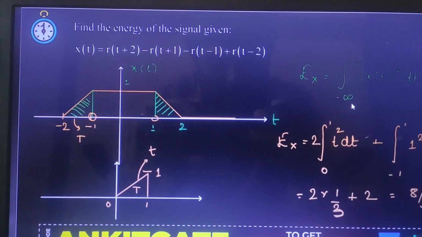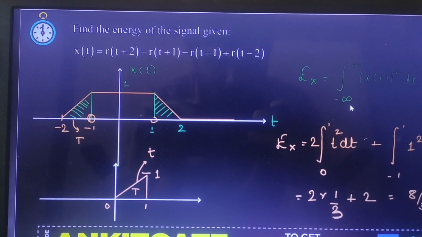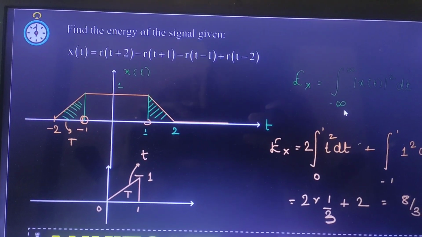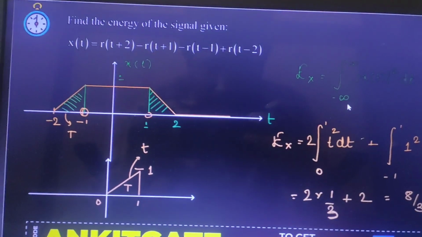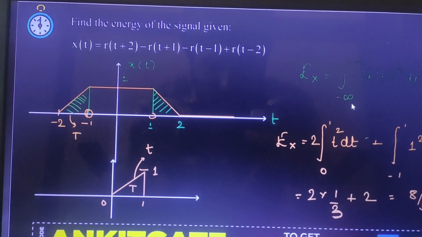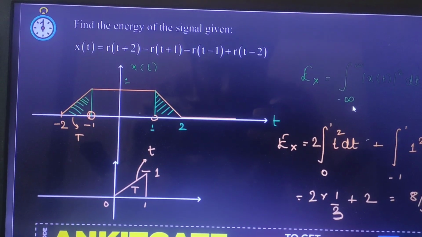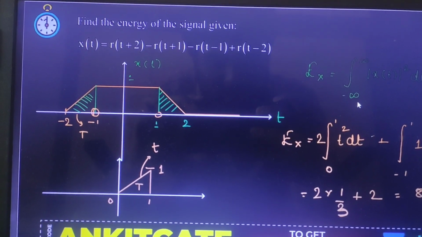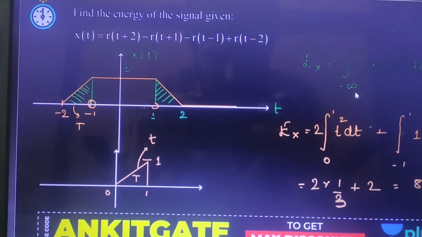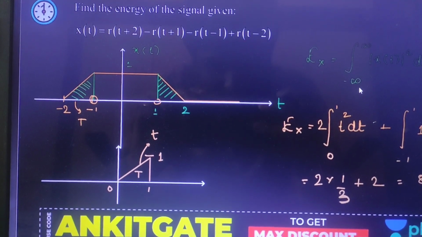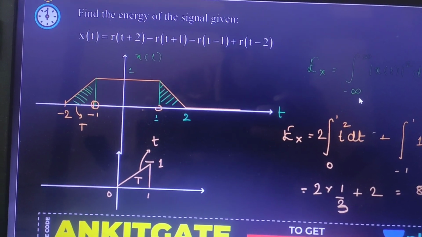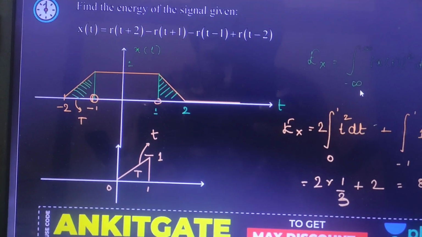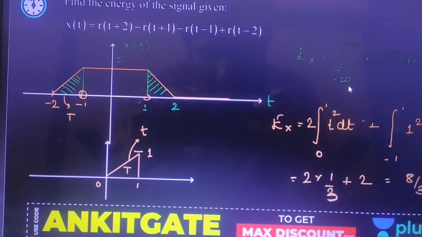Here 2 by 3 into A square is 1 into tau is 1, because from 1 to 2 the width is 1. So by adding the energy of the square and triangle, you will get 2 plus 2 by 3, you will get 8 by 3.